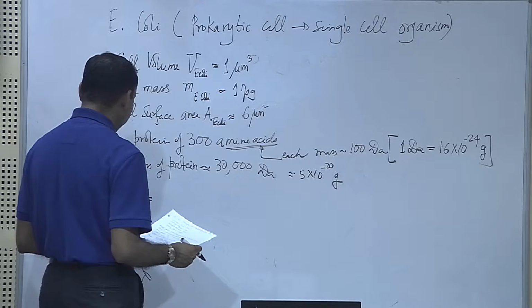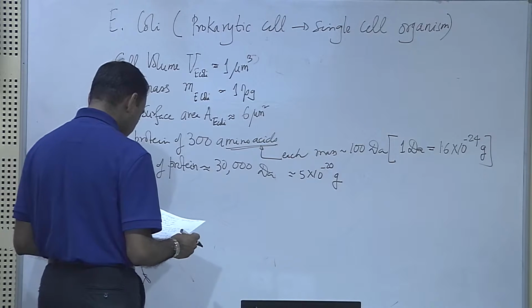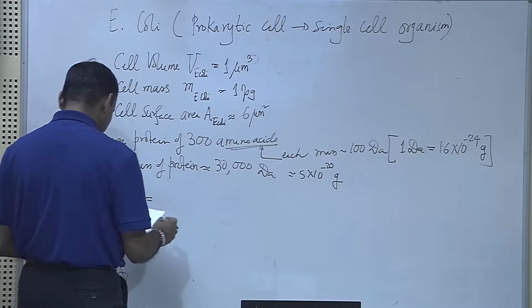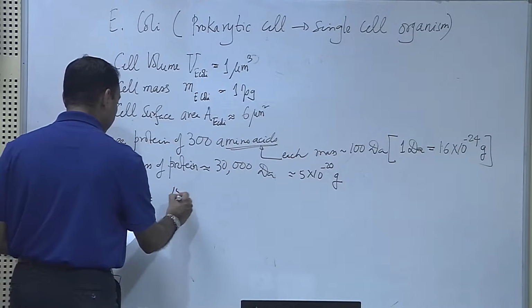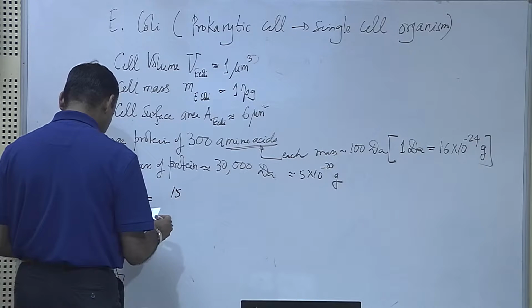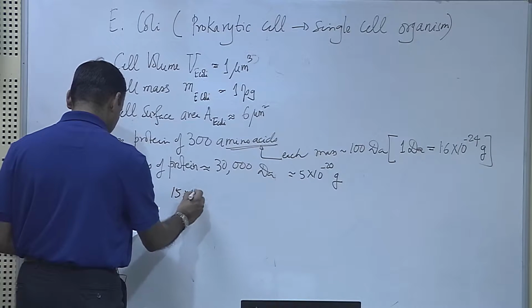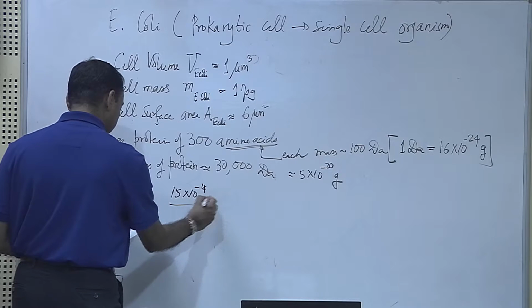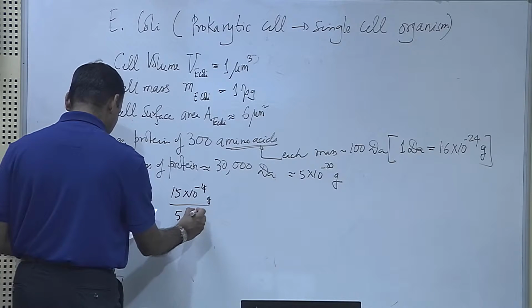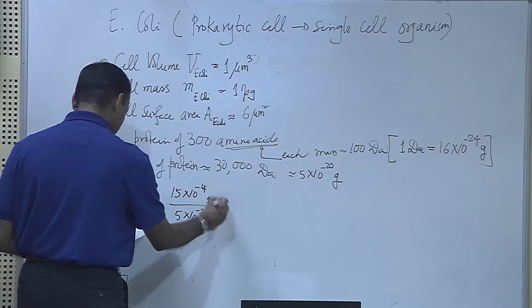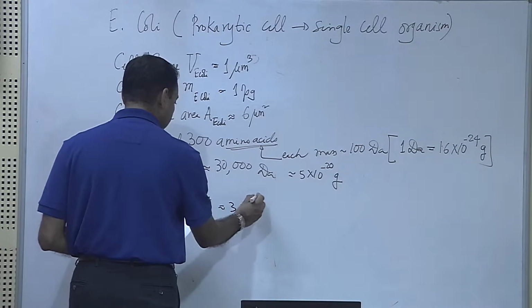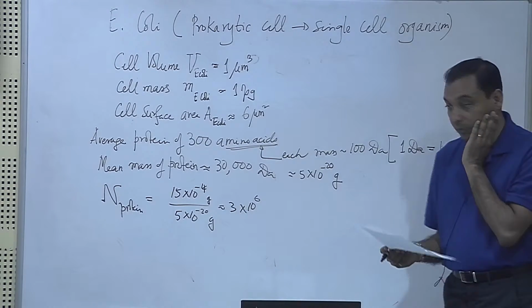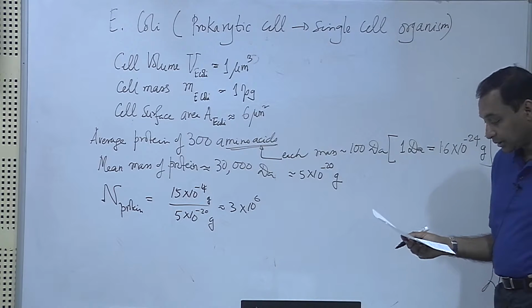Total protein mass comes out to be 15 times 10 to the power of minus 14 gram, over 5 times 10 to the power of minus 20 gram. So, that leaves us around 3 times 10 to the power of 6. So, this is a rough calculation of the amount of protein that one can expect in an E. coli.